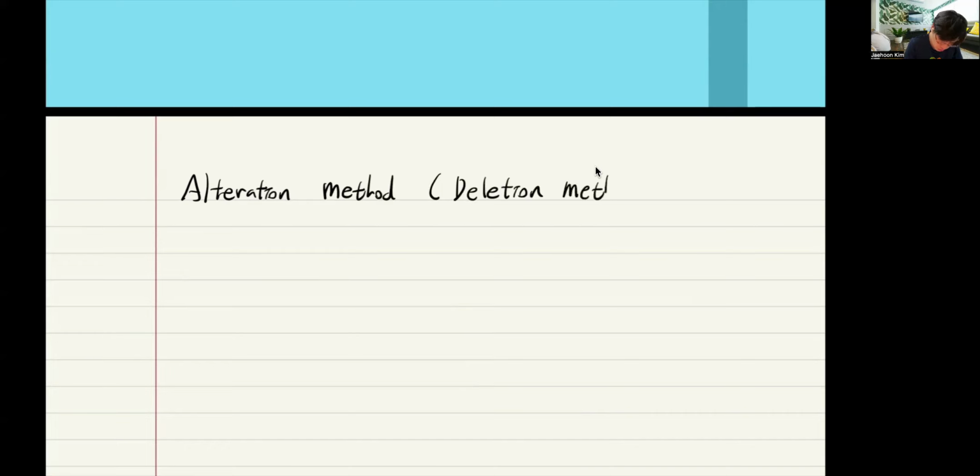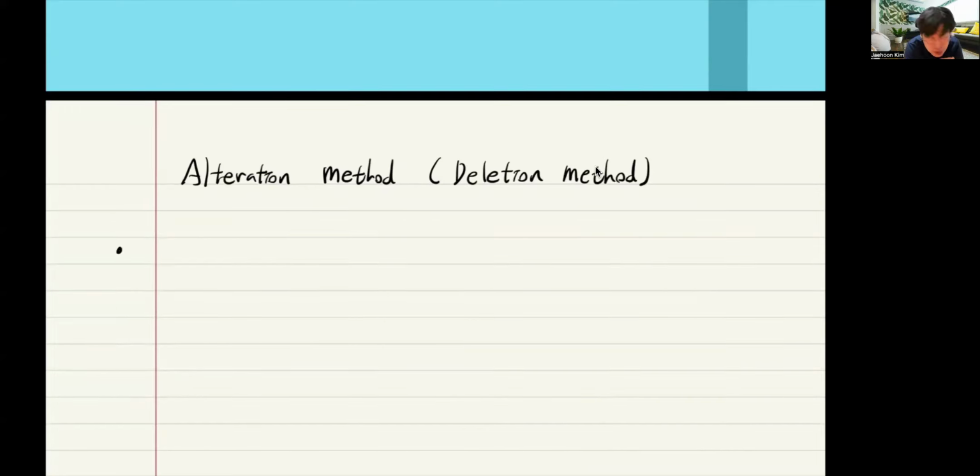Okay, this time we will learn about what's called the alteration method, or oftentimes it's also called the deletion method. So far, what we have been doing is that we randomly generate some object, and then we define some bad events.